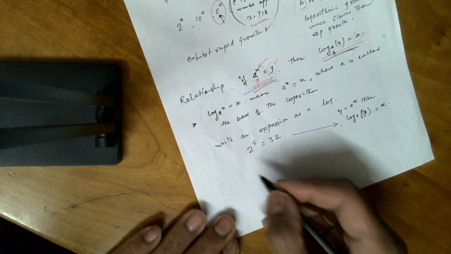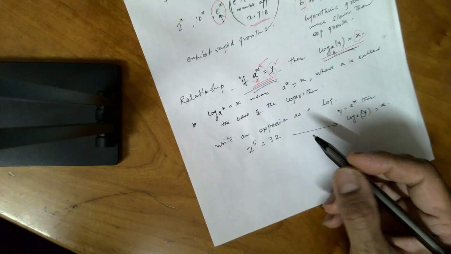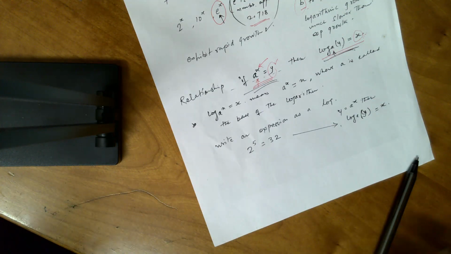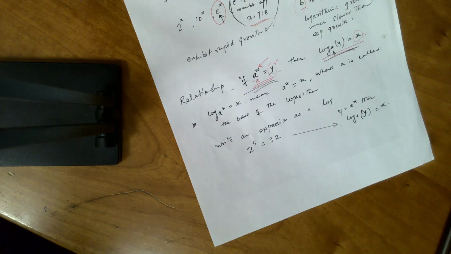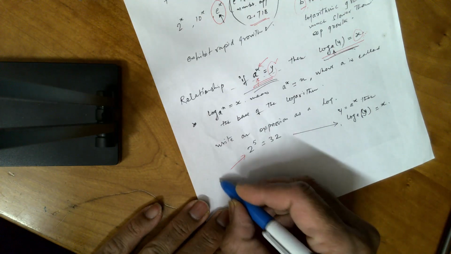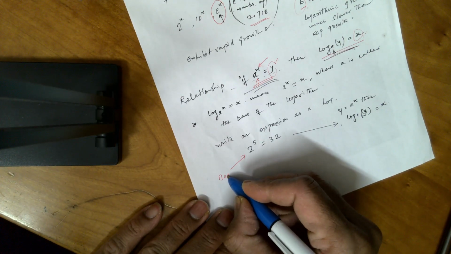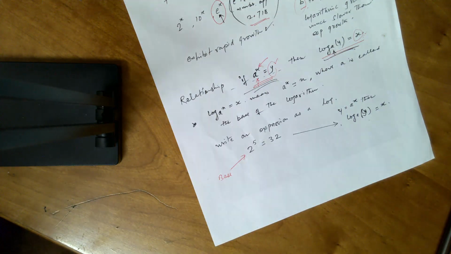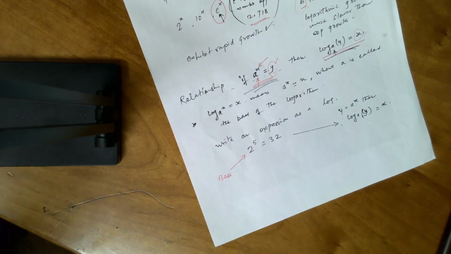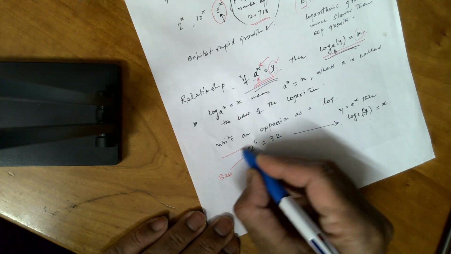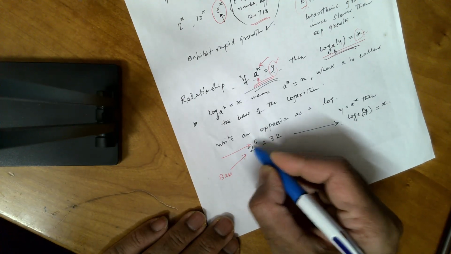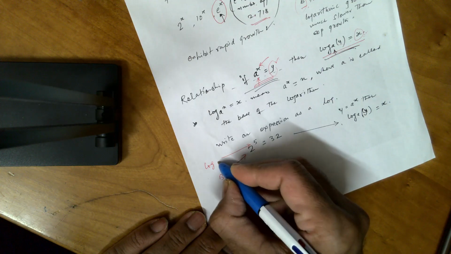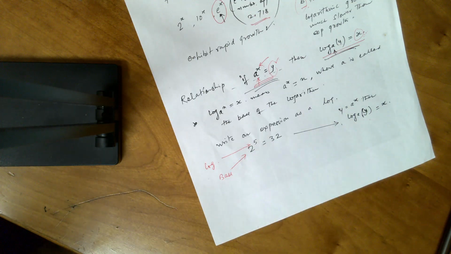So what would that be? Let me write down everything for you. In here, you see, this is your base, and the exponent is your logarithm. Remember that.